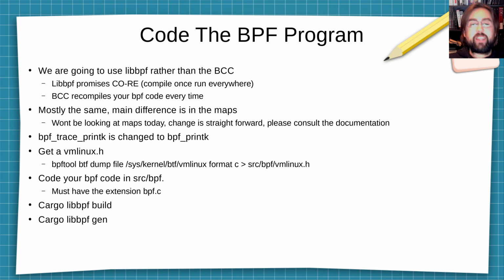So the difference here is that CO-RE uses a new technology called BTF, BPF Type Format, while your kernel needs to be compiled with BTF enabled in order to use this feature, while BCC does not need to do that. But the problem with BCC is that the program you ship, you're actually shipping an entire compiler.